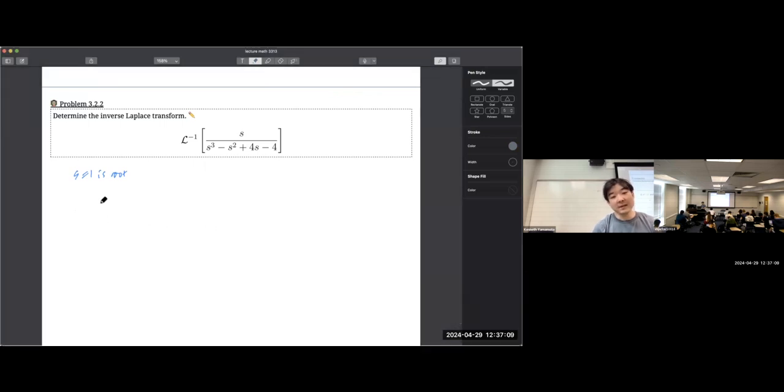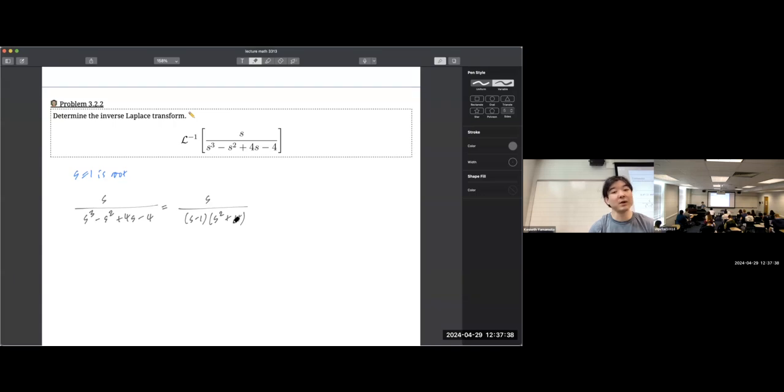So in the end, s cubed minus s squared plus 4s minus 4 factors to s minus 1, because s equals 1 is a root, and the rest you get from polynomial division: s squared plus 4 is left.